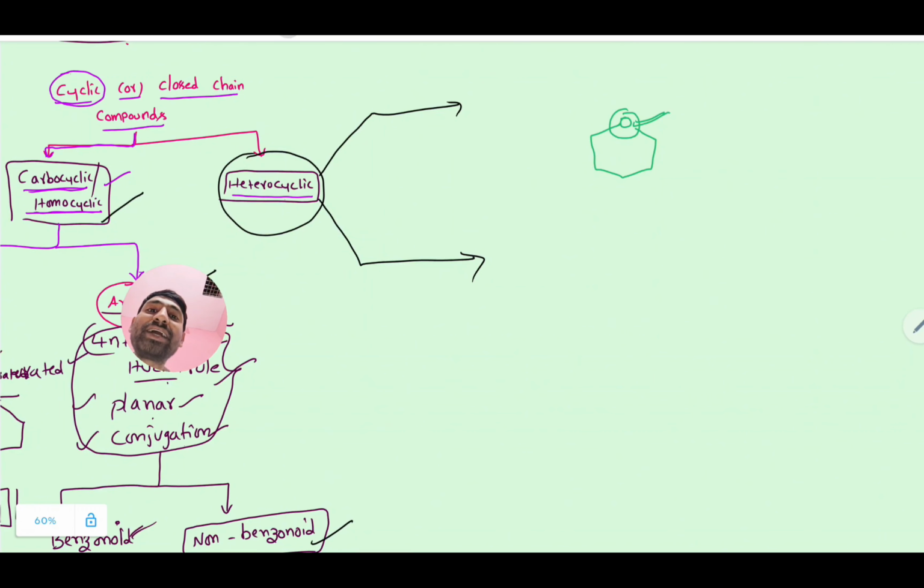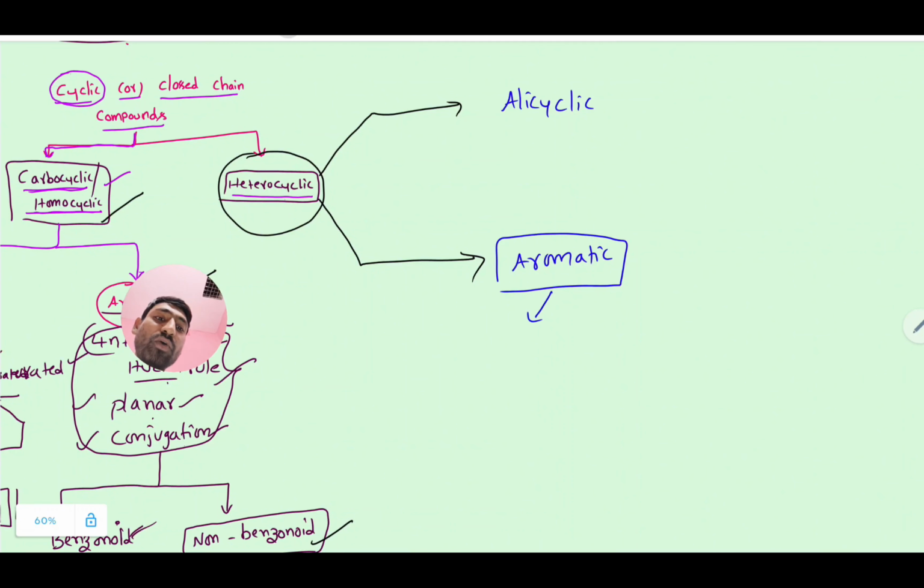So heterocyclic compounds are again divided into two categories: alicyclic heterocyclic compounds and aromatic heterocyclic compounds. Similarly, those that follow the 4n plus 2 pi electron rule, Huckel's rule, have a planar structure, and also obey the conjugation rule are called aromatic heterocyclic compounds.